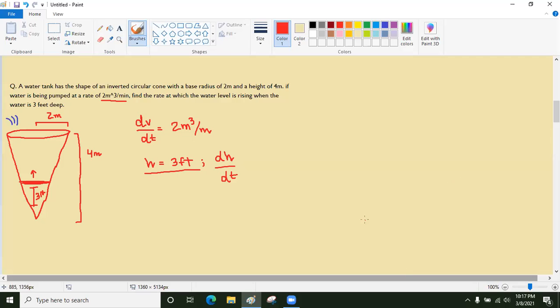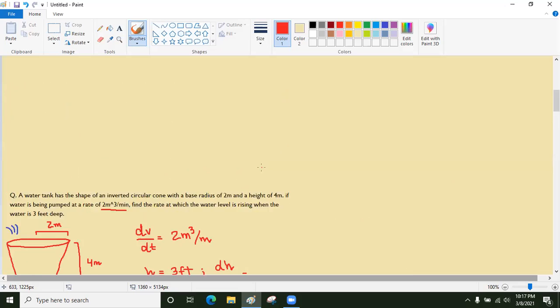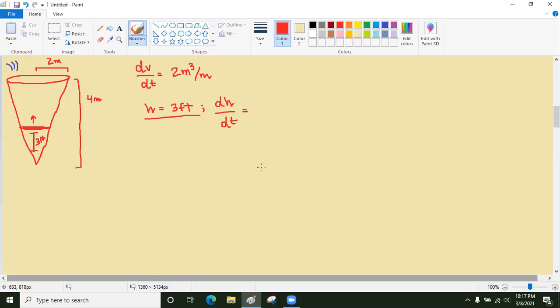So essentially the goal now is to relate the rate of change which we're given with the rate of change that we want, very similar to the previous problem, and solve for dh over dt so that we can have it as a concrete value.